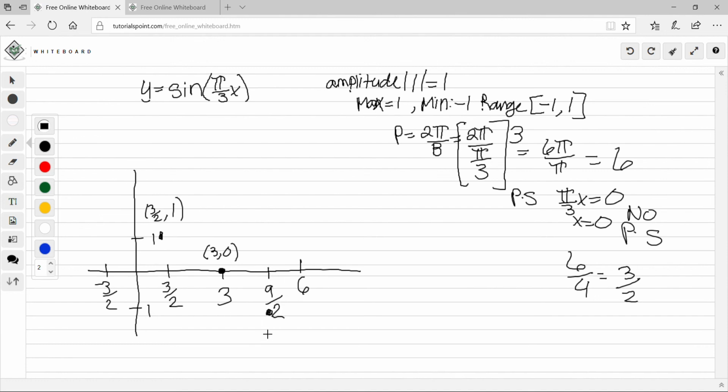So this is 9/2, comma -1. And then when you plug in 6, you get 0. And then don't forget 0. So when you plug in 0, you still get 0. So let's graph it. So that's our graph. That is our sine graph of sine of pi over 3 x.